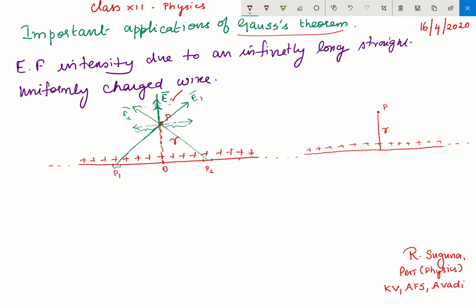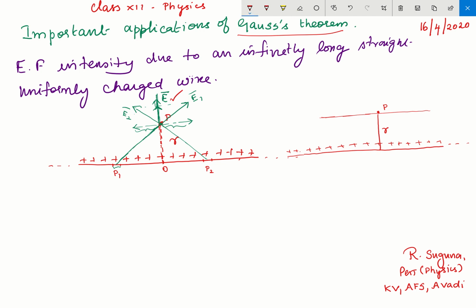According to my charge distribution, a linear charge distribution extending to both sides, the proper Gaussian surface should be a right circular cylinder, such that the point of interest lies on the curved surface of the cylinder.